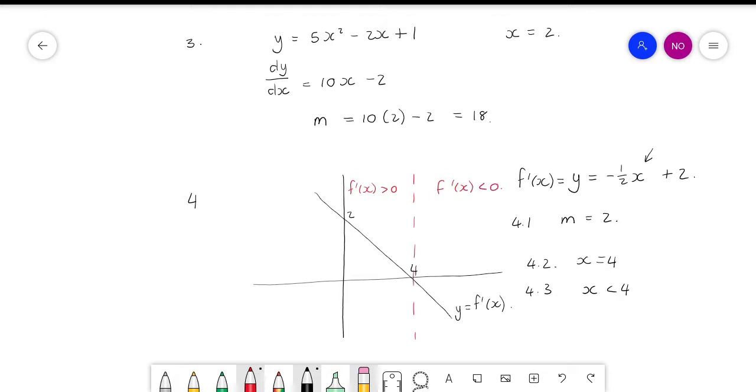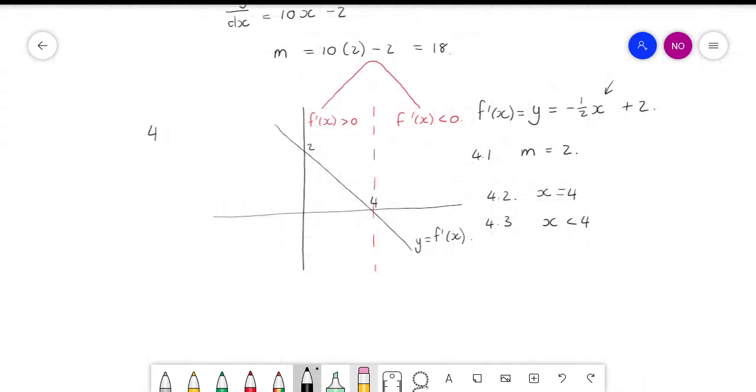Met ander woorde, vir hierdie ene moet hy stygend wees, dan draai hy en dan is hy dalend. So the shape of the original graph will look something like that. And a graph like that has a maximum or minimum? A maximum value. En sien julle, hy tel net 1 punt, so hy het nie gesê verduidelik jou antwoord of enige iets nie. Jy kan net neerskryf uit 'n maksimum waarde.